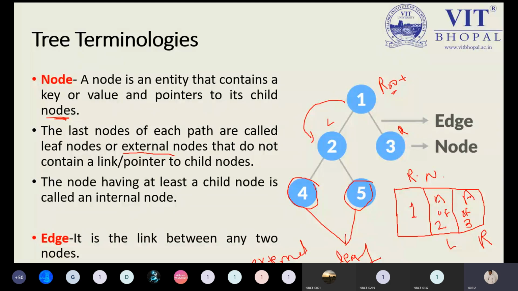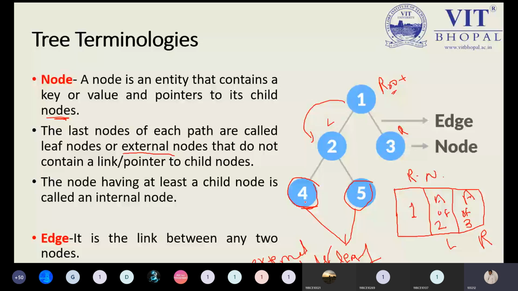Why are these known as external nodes? Because after these nodes, this node is not connected to any node ahead. So definitely these belong to the last node, and so they are recognized as leaf nodes or external nodes. After this, you can't represent any more information, because the value can be 4, but the next part of this node will be null in practical form.